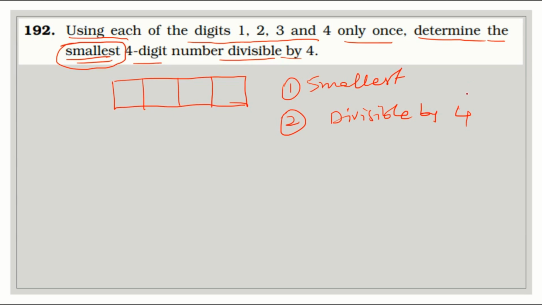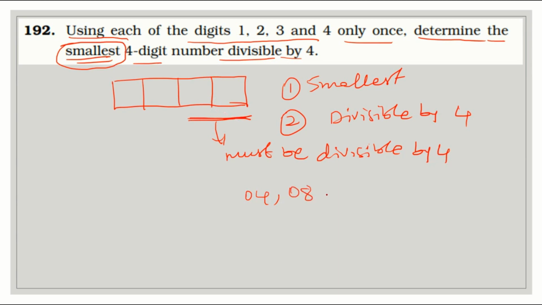That means based on the divisibility rule of 4, the tens place digit and units place digit must be divisible by 4. That means you know what the possible numbers are: 04, 08, 12, 16, 20, 24, 28, 32, 36, 40.